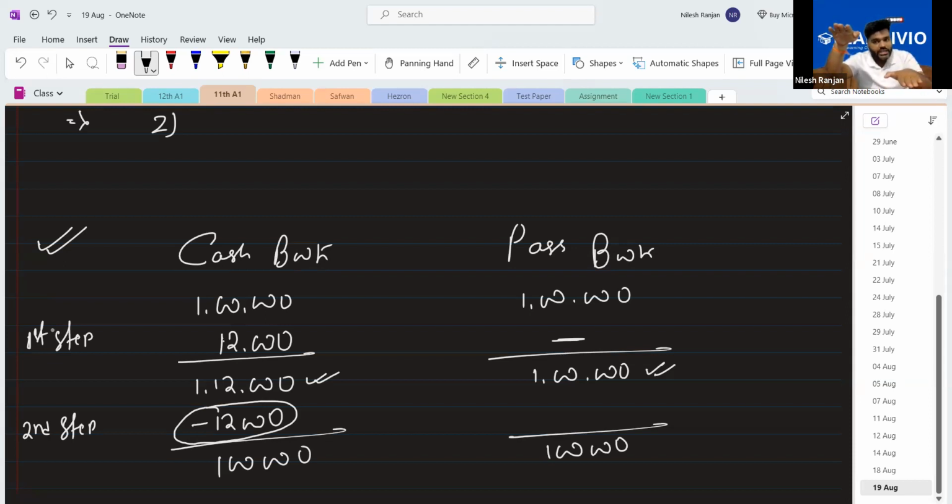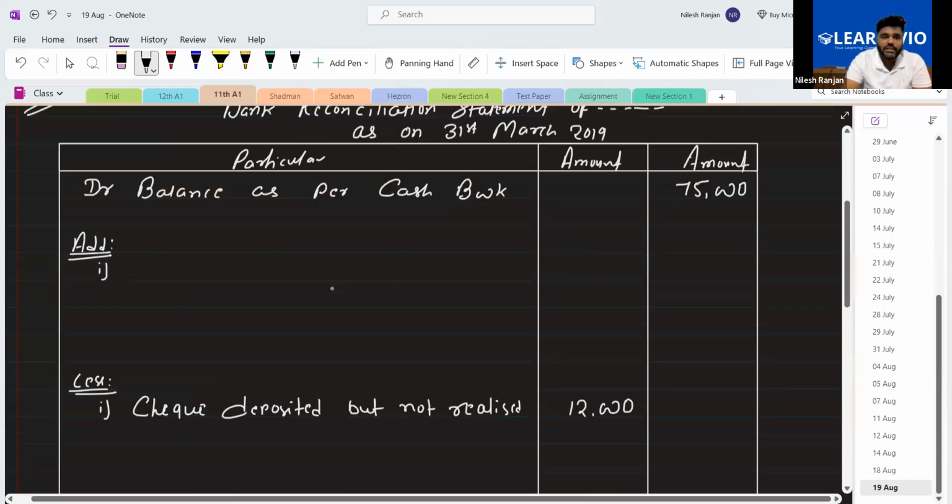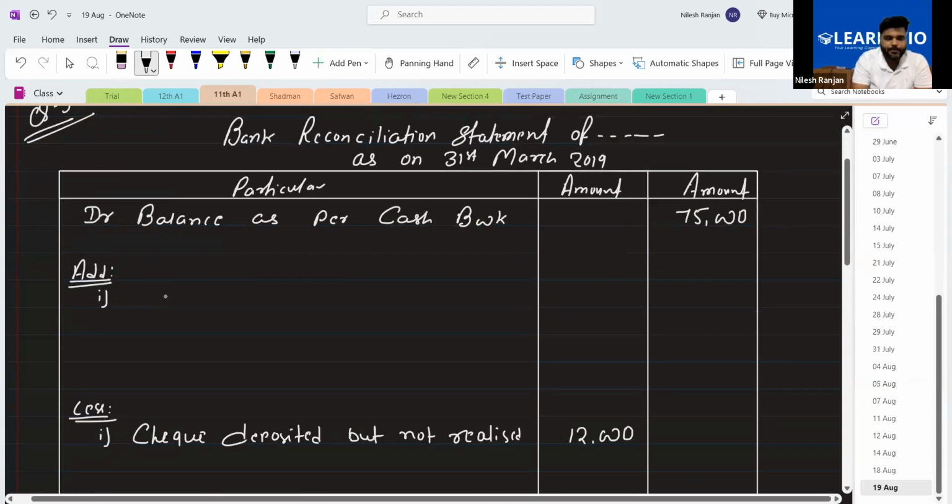So now to equalize it, we are using the cash book balance as a starting point. So we will increase the cash book. So it will be on the add side. So, check issued but not presented for payment.